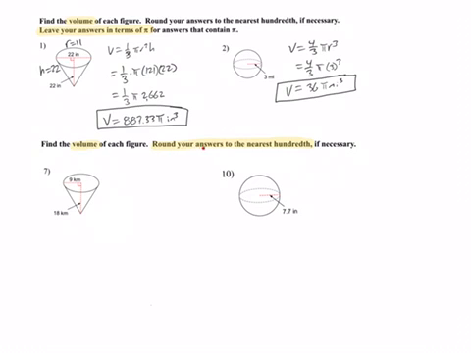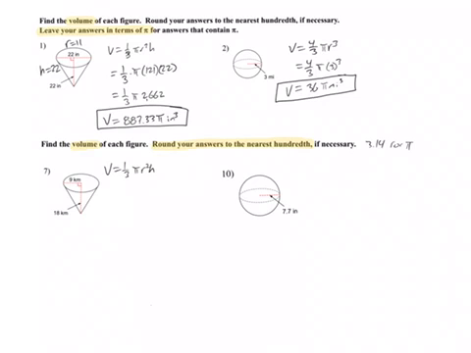Notice those said leave your answer in terms of pi. This one just says round your answer to the nearest hundredth. So I will be using 3.14 for pi. So same idea here. I'm going to say volume is equal to 1/3 pi r squared h.